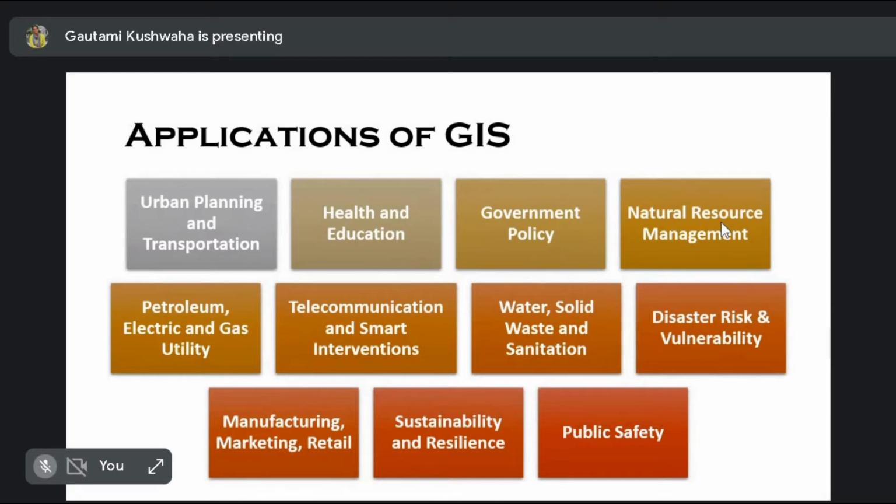If you are in marketing or management, you can find the optimal location of a business so that you can increase potential or profit. Or if you are in a policy or disaster domain, you can understand disaster risks and plan preparedness and evacuation. These are some of the fields where you can apply GIS and find solutions to problems.